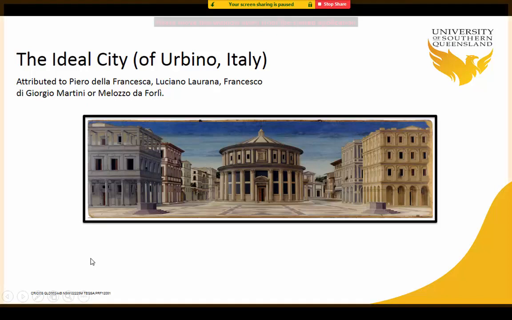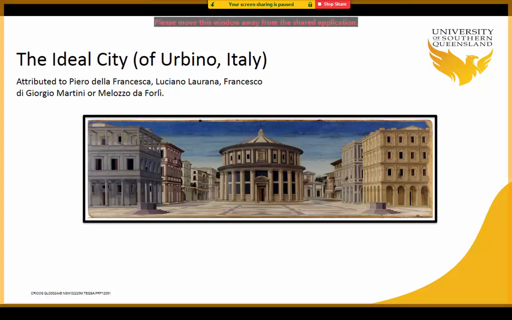All right. So let's continue then and start talking a little bit about the cover of your handbook. Okay, very interesting cover. This comes actually from a tableau called The Ideal City, of Urbino, Italy.